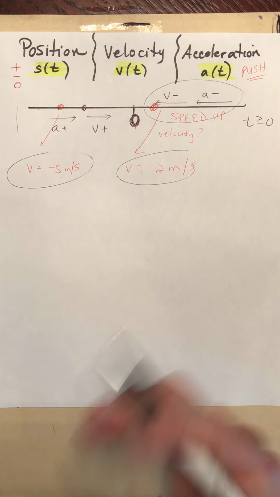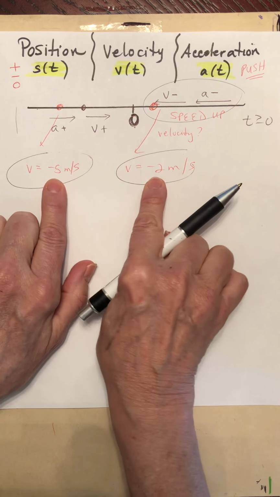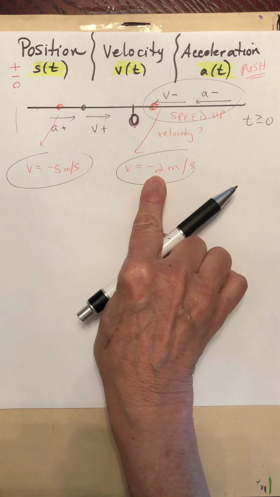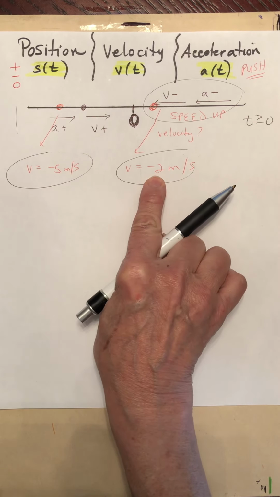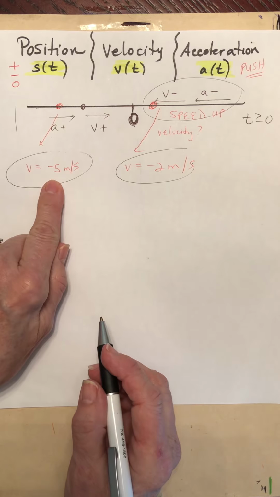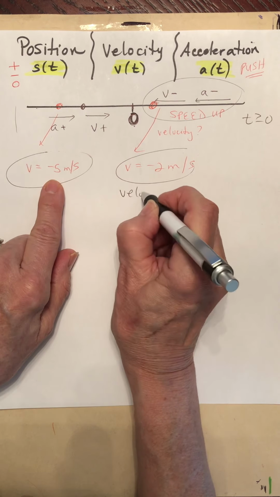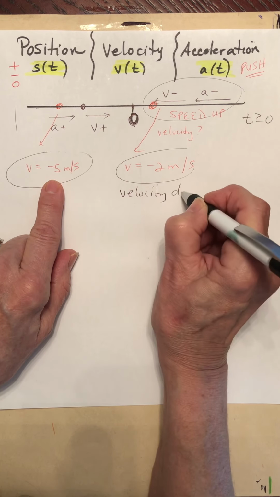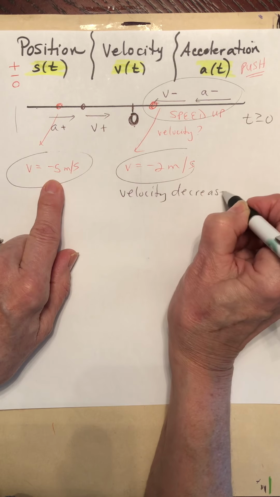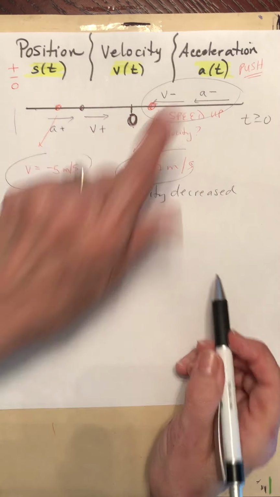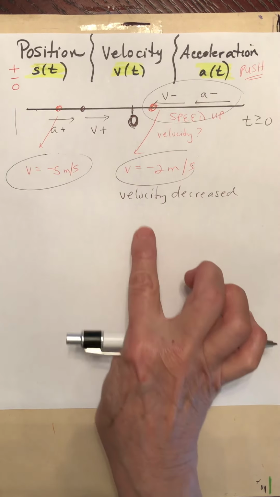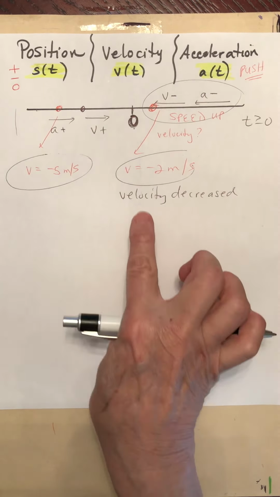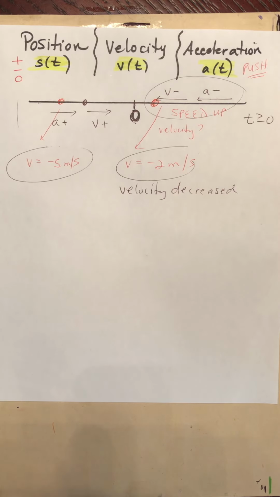Velocity has a quantity, a magnitude to it. So how would you describe this in proper words if you went from negative 2 to negative 5? This is smaller. So my velocity decreased. Okay, so throughout the scenario, the velocity decreased, but I did speed up. So with velocity, you have to take into account the sign. This is smaller than this, so velocity decreased. Okay, so that's something to watch for.